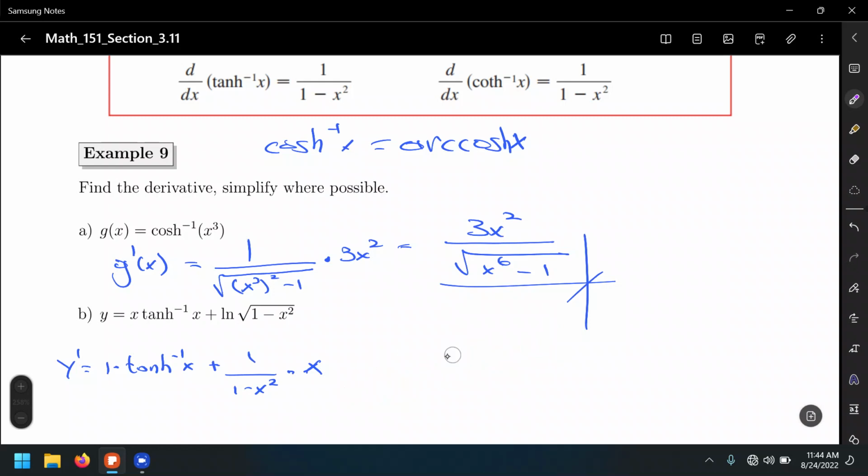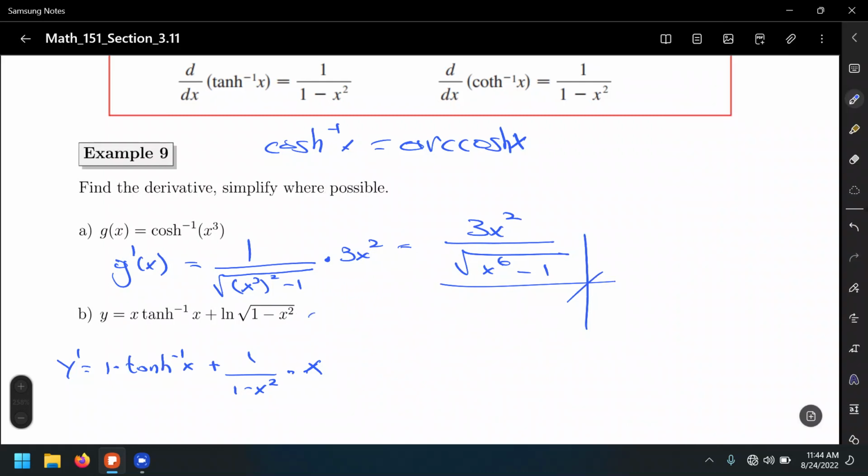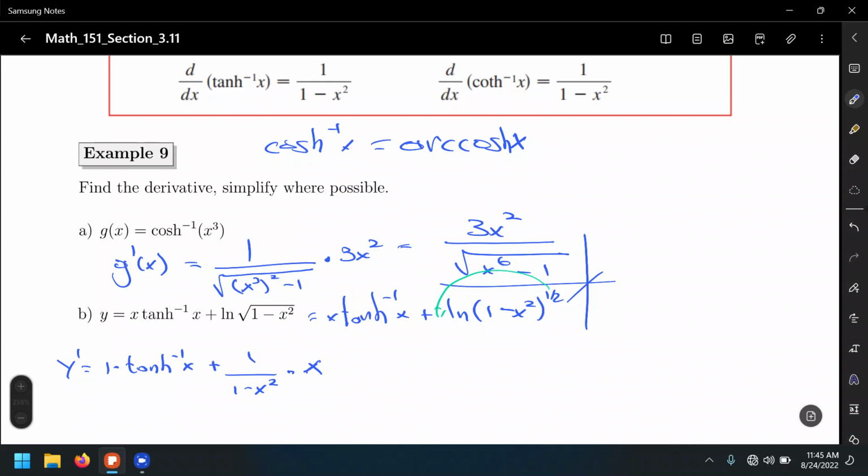Well, I'm going to go back to the original function and rewrite it: x tanh inverse of x plus ln of 1 minus x squared to the 1/2. By properties of radicals, the denominator of the rational exponent is the index of the radical, right? From here, I'm going to use that property of logarithms that we talked about last time, the SmackDown basketball rule, and have this power become a coefficient. Do not confuse it with the power rule to differentiate. This is not that.